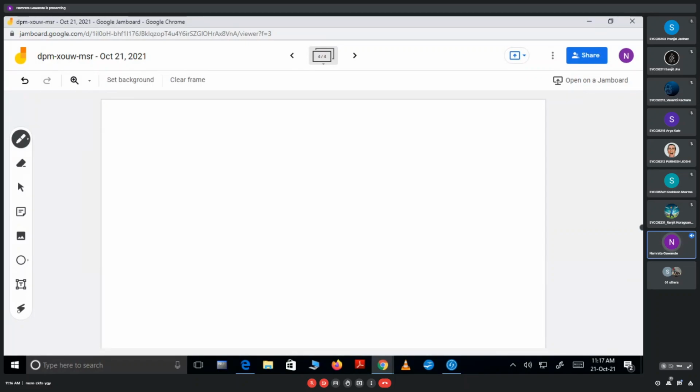I'm directly writing the expression now. F of A, B, C. This is the function in which the expression is given: A bar, B bar, C bar plus A bar, B bar, C plus A bar, B, C plus A, B, C bar.